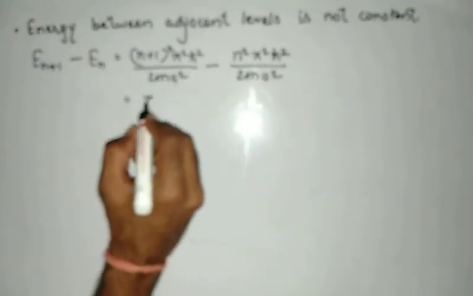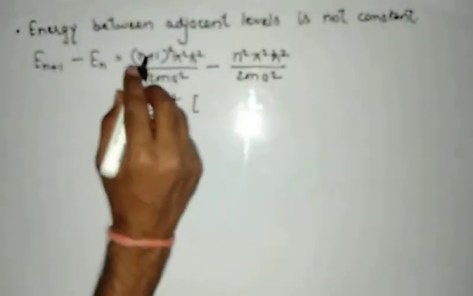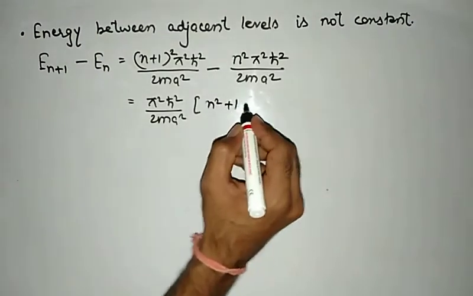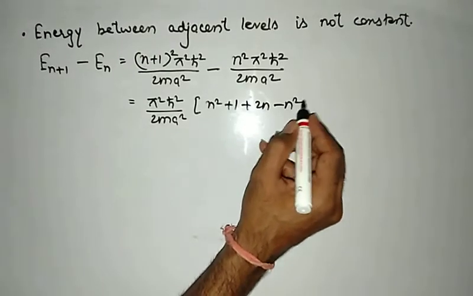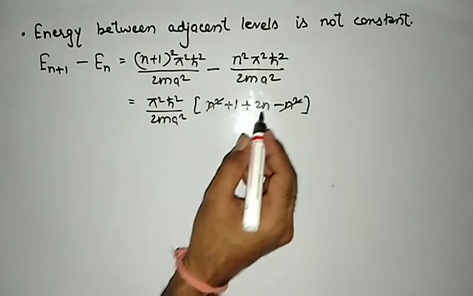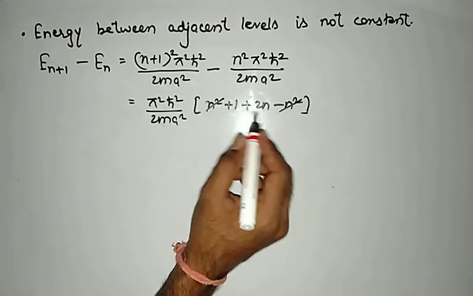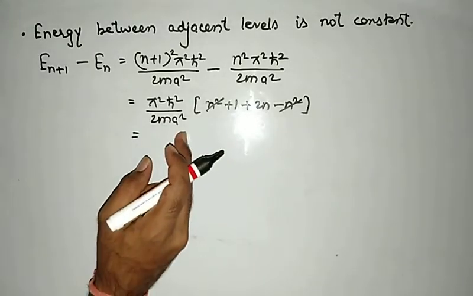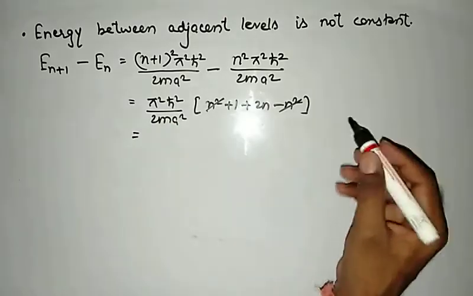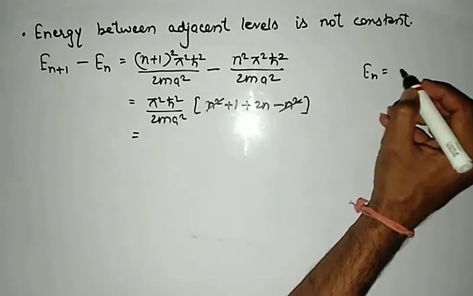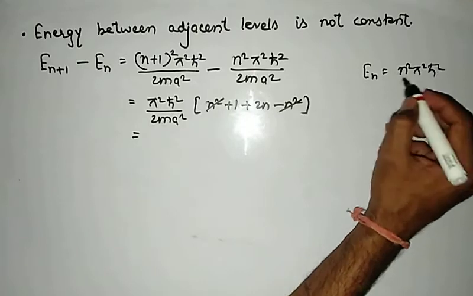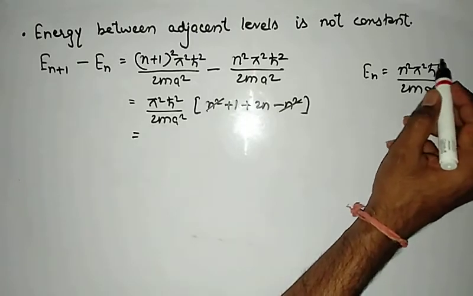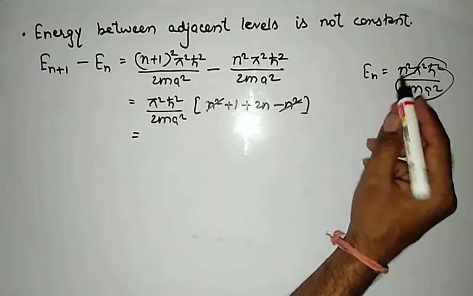Taking common pi square h cut square upon 2m a square, in the bracket n plus 1 square minus n square. So n plus 1 square is n square plus 1 plus 2n, and minus n square cancels out. This is 2n plus 1. So this can be written with En equal to n square pi square h cut square upon 2m a square, so this quantity is En upon n square.